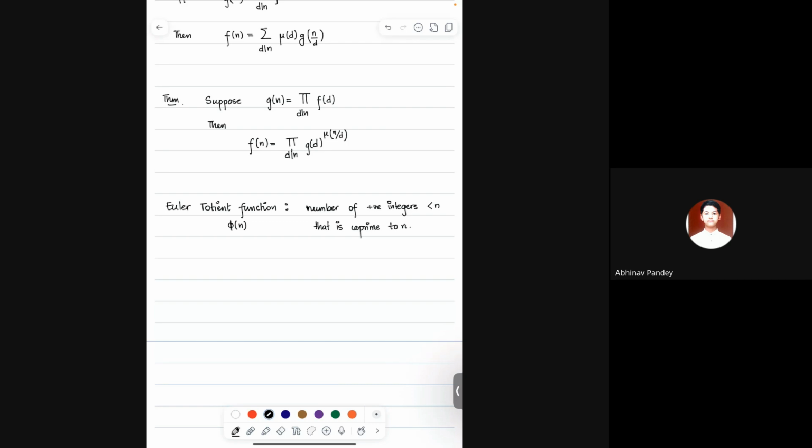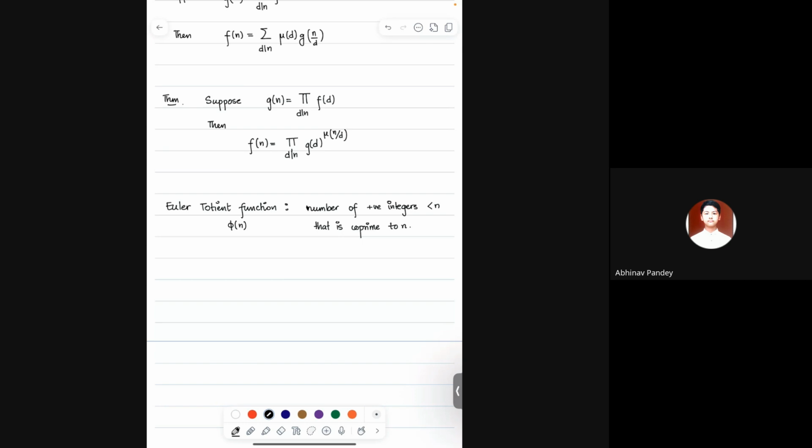So phi of 5 is 4. Now let's say you have the number 10. So 1 is still going to be counted. 2 and 10 are not co-prime, so I don't count 2. 3 will be counted. 4 will not, 5 will not, 6 will not, 7 will be counted, 8 will not be counted, 9 will be counted. So phi of 10 is also 4, right?